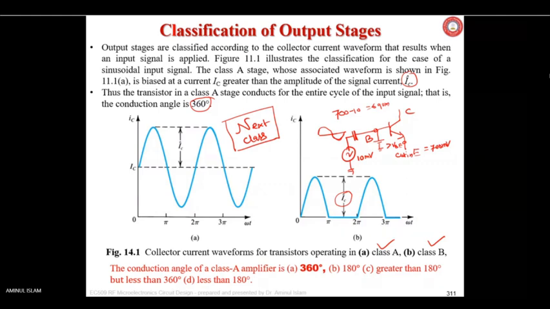About biasing, you might have studied earlier also. How to bias so that you can obtain this kind of characteristic of the amplifier. DC biasing should be such that it is conducting fully for the positive as well as negative signal excursion.